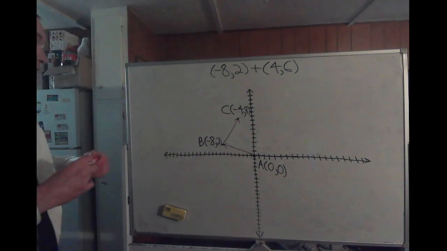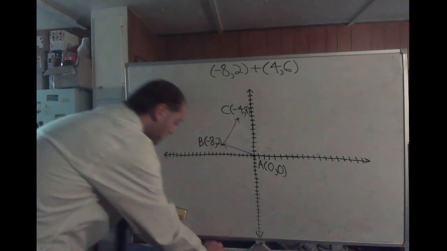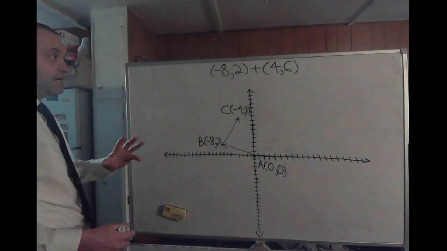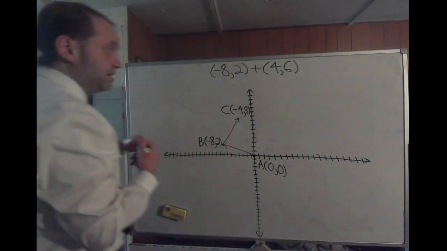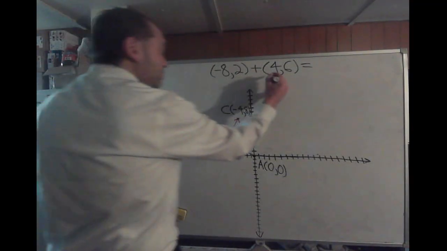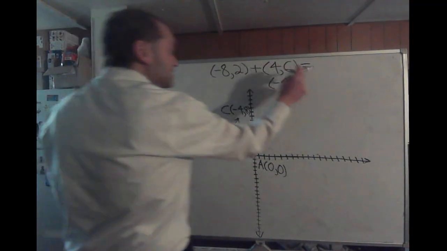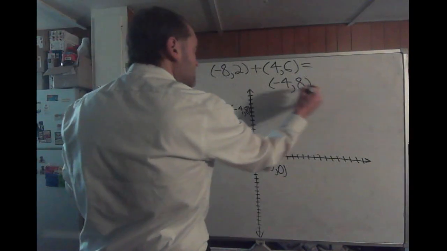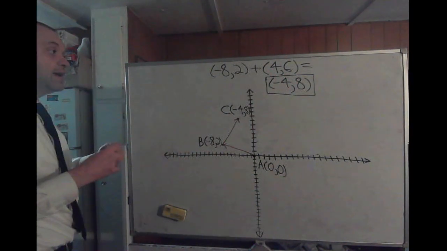Now, finding the sum of these vectors would give me the actual vector if I went directly from point A to point C without going to B. So negative 8 plus 4 gives me negative 4. 2 plus 6 is 8. So my actual vector would be negative 4, 8.